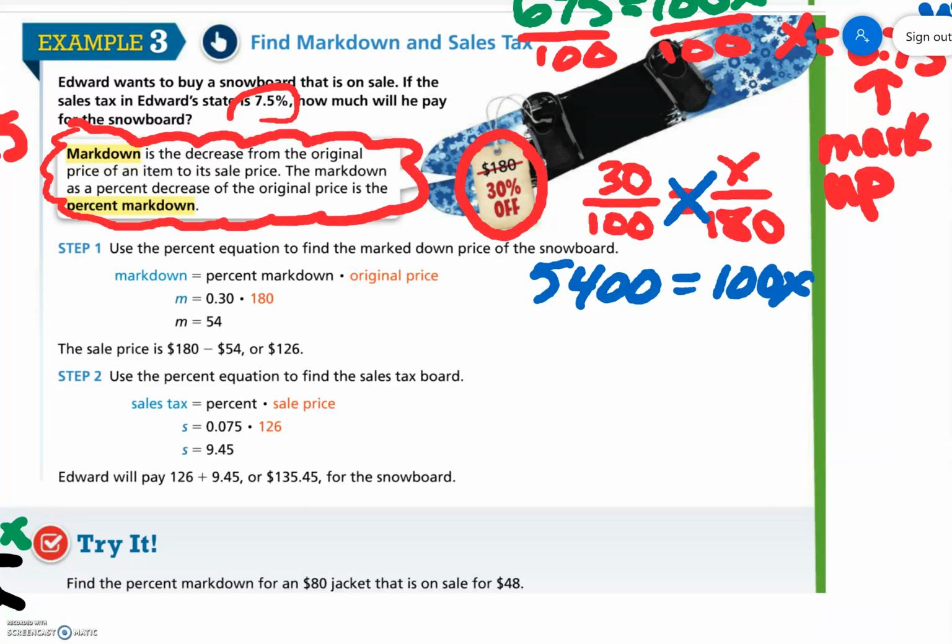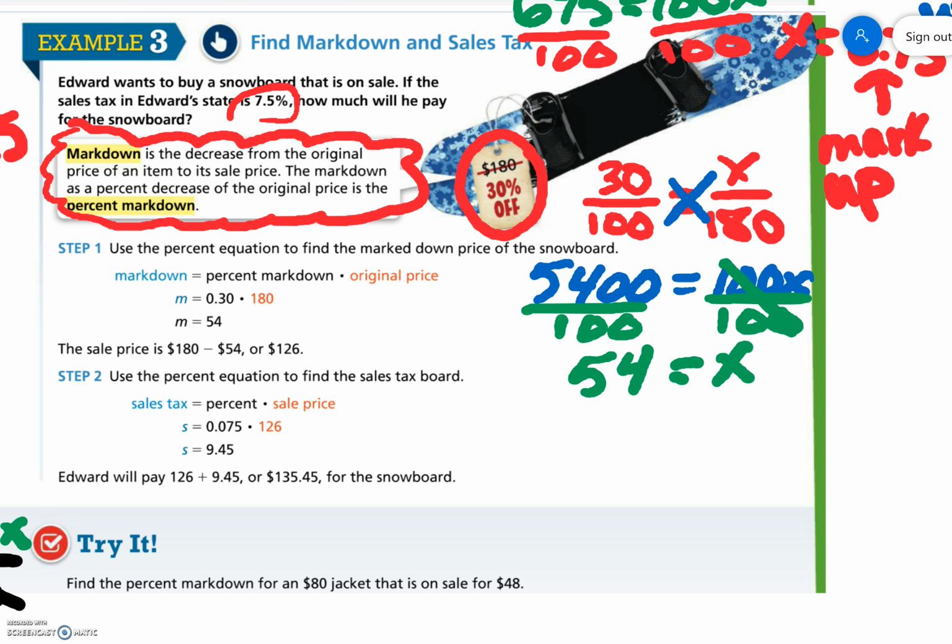And 100 times x is 100x. Divide by 100. X equals 54. Now that doesn't mean that the snowboard is worth $54. It means it was marked down $54. So we take the original price of $180 and subtract 54 to get the price of $126.